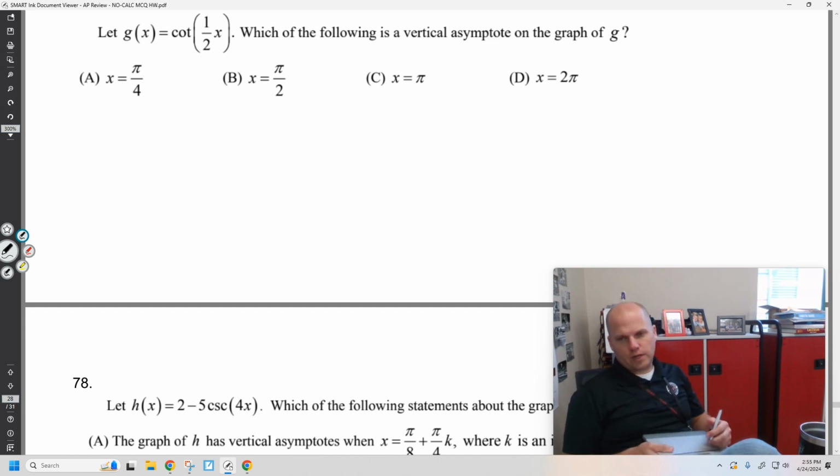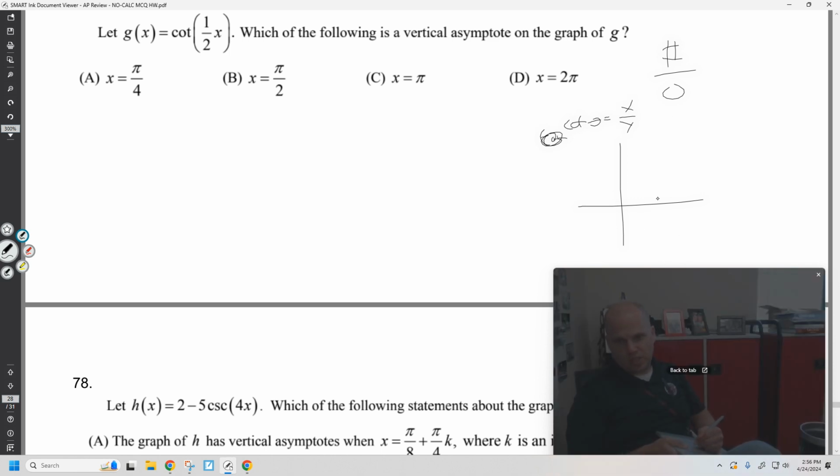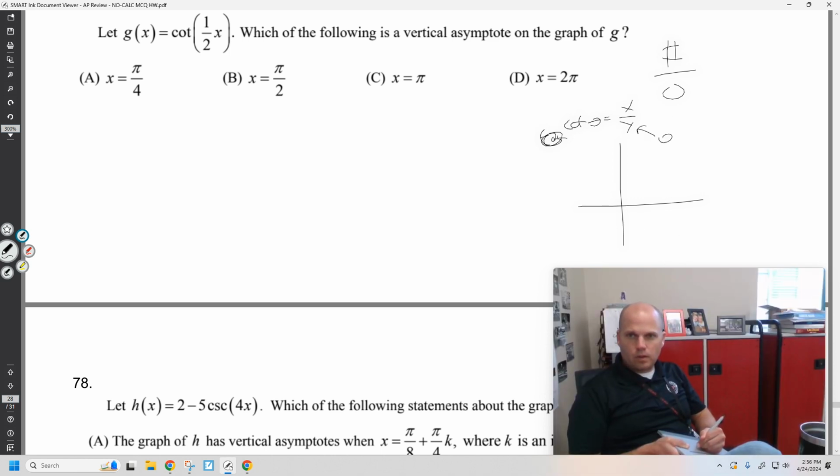All right, vertical asymptote, again, number over zero. So let's think about tangent values, or let's go straight to cotangent. Cotangent of an angle is x over y, so it's the horizontal over the vertical. I want my vertical to be zero. To have the vertical be zero, I'm looking at 0, pi, 2 pi, etc. I want 1 half x to be 0 plus pi n.